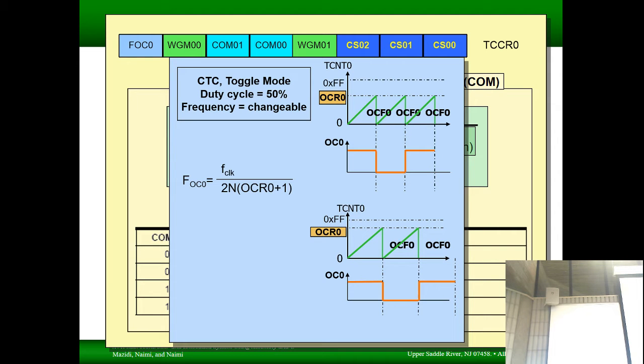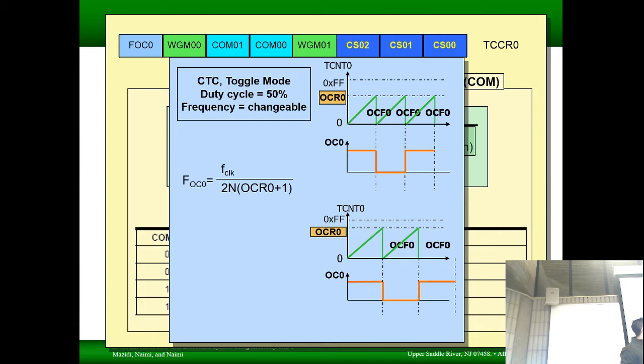If I divide my incoming clock frequency by 8, this is now 8 milliseconds. So if your period is larger, what does that do to your frequency? It is small. Okay, so all we're doing here, the larger the prescaler, the more we're taking out of this system. So we're making the denominator larger, which means overall we're going to have a lower frequency.